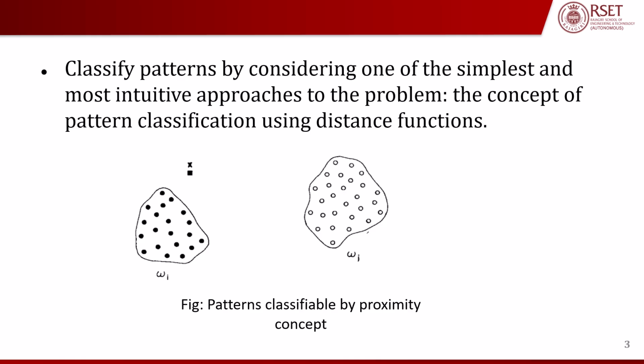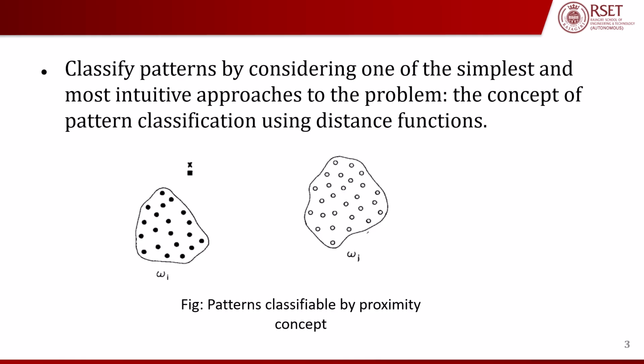Let me give you an overview about what we mean by a distance measure. Here you can see two different clusters of points, that is, groups of points. The first group is annotated as omega I and the second group as omega j. And you have a new visitor here, a new point x.